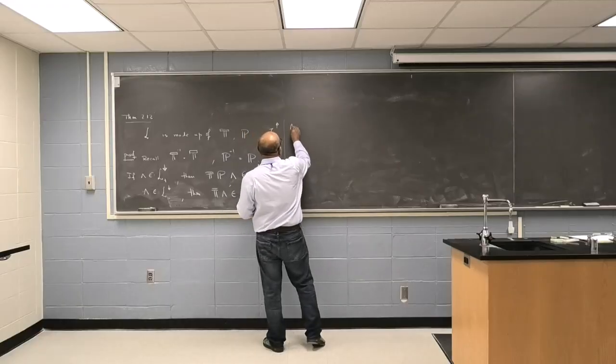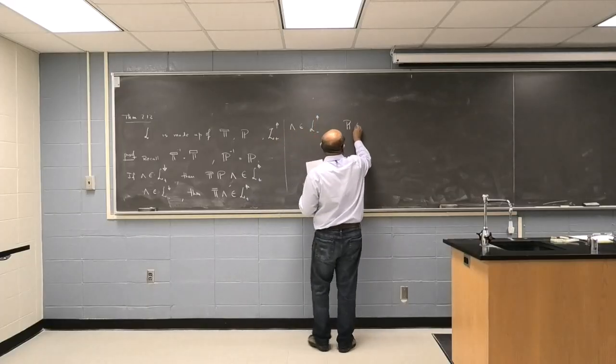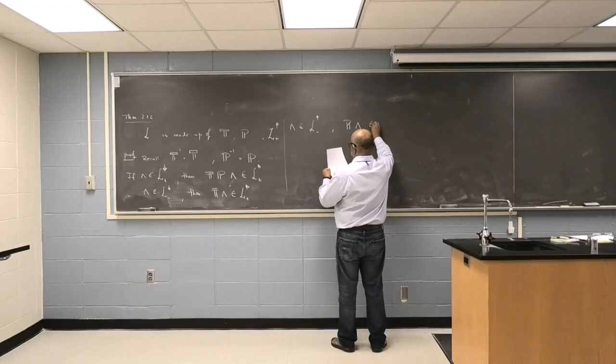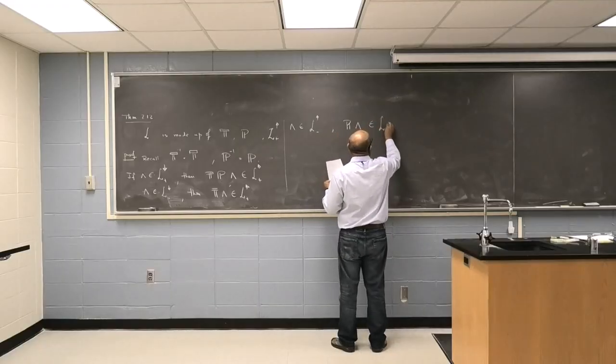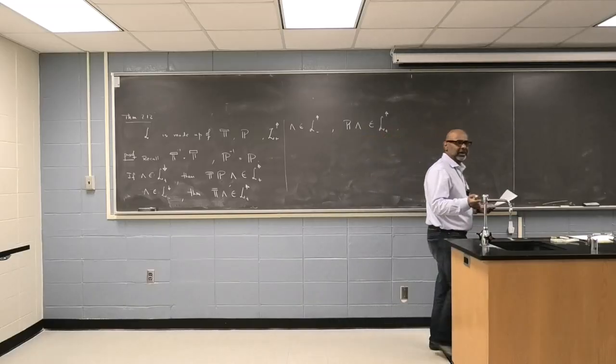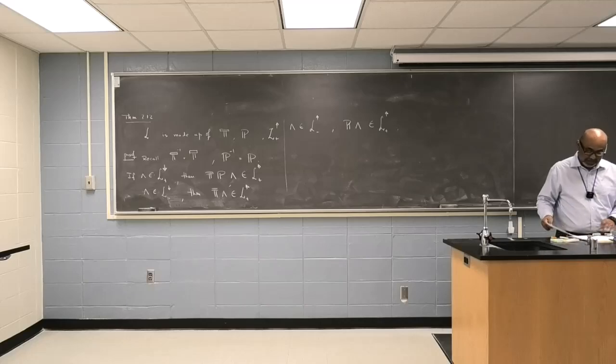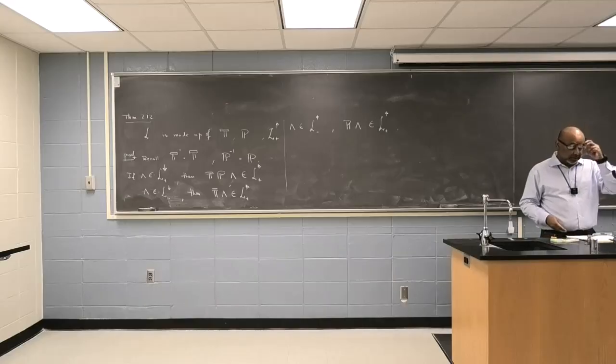And if lambda belongs to L minus, then P lambda belongs to. So no matter where I am, I can multiply with T and P as needed and get what I want.